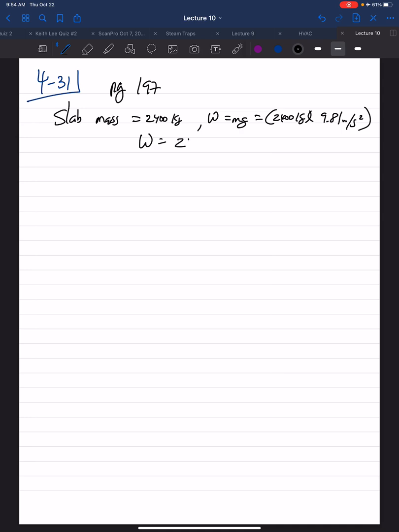You get about 23,544 newtons. This slab is rectangular. It's a 3-dimensional problem, so the weight acts at the center of gravity.